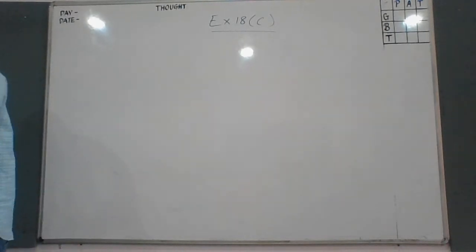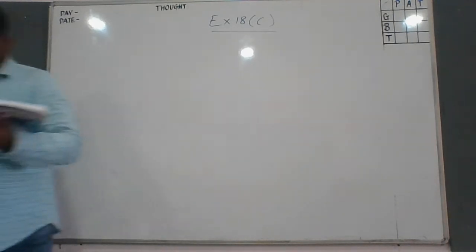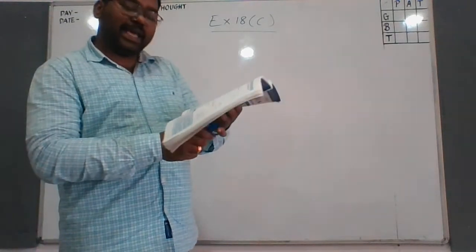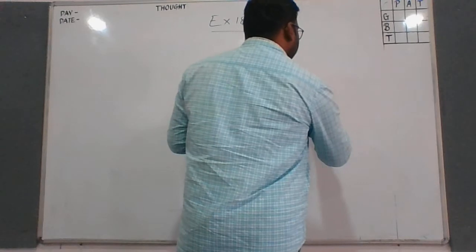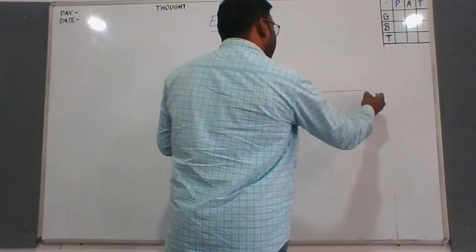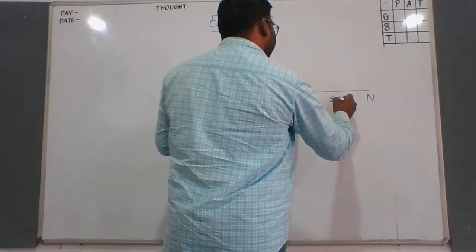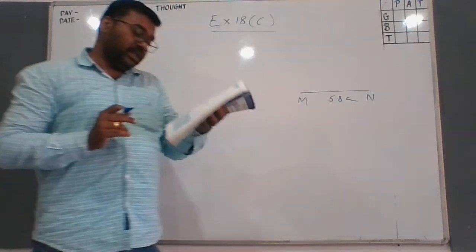To construct this question number 2, first of all, we will draw the rough diagram representing the question. See, what is the procedure here? Draw the line MN 5.8. We'll draw the line MN. It is our rough diagram. It is 5.8 centimeter. Then what we have to do?